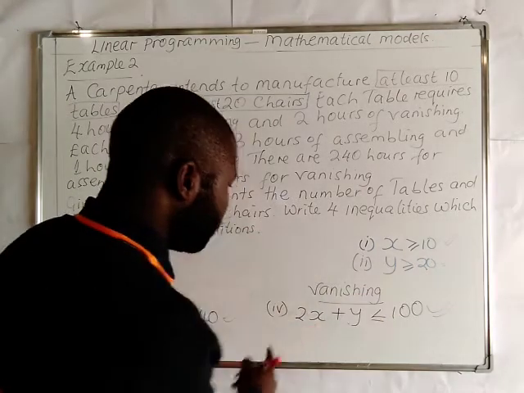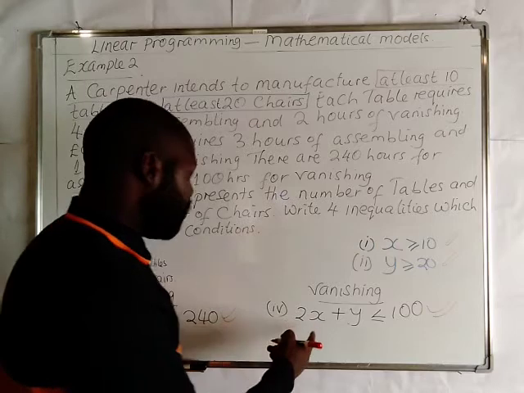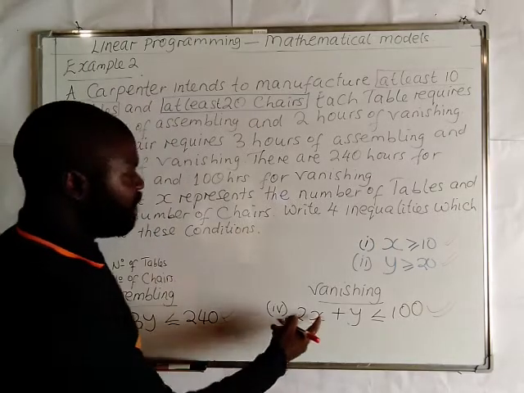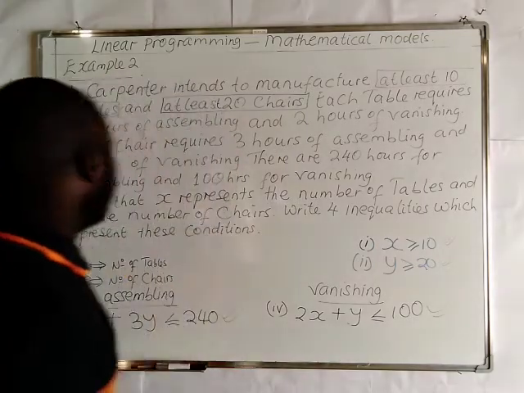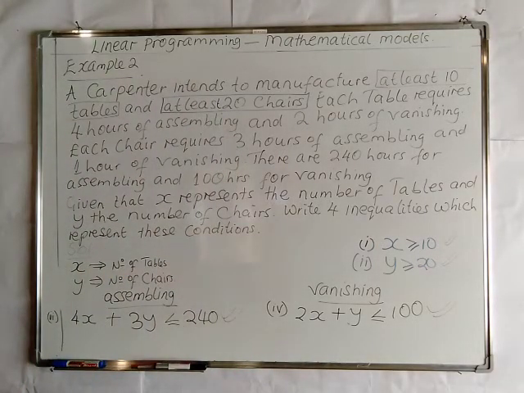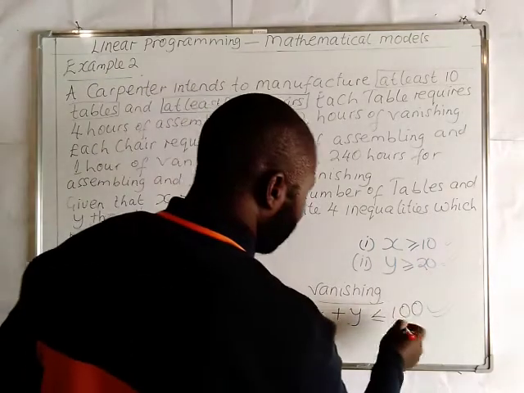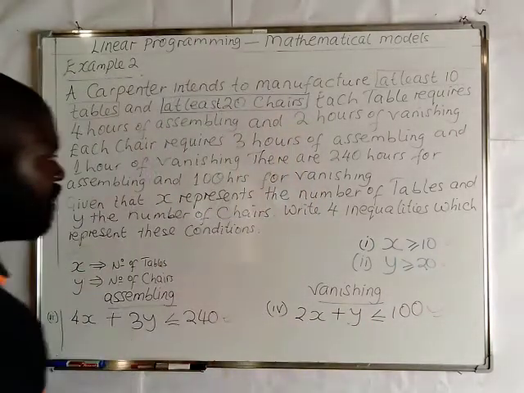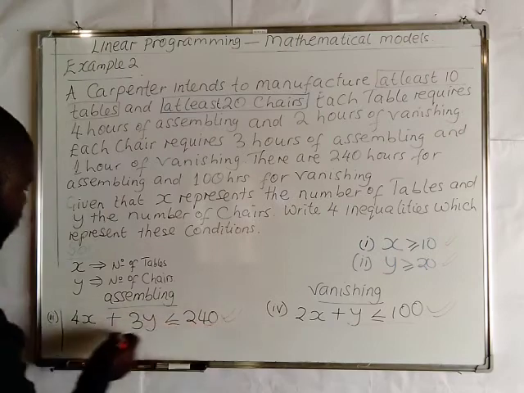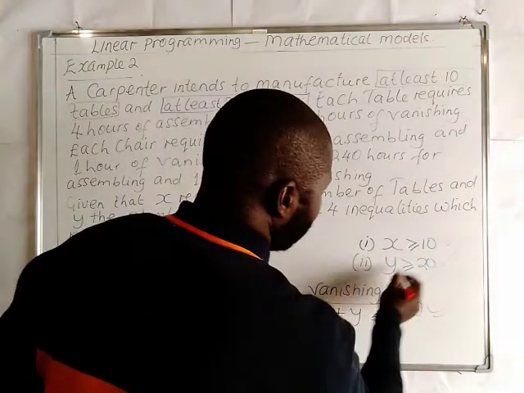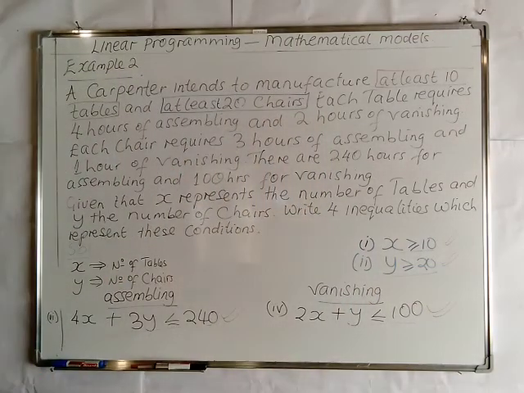This is for varnishing: each table requires 2 hours of varnishing, each chair requires 1 hour, and the total available time for varnishing is 100 hours. So these are the inequalities that represent the conditions that we are given. Thank you very much.